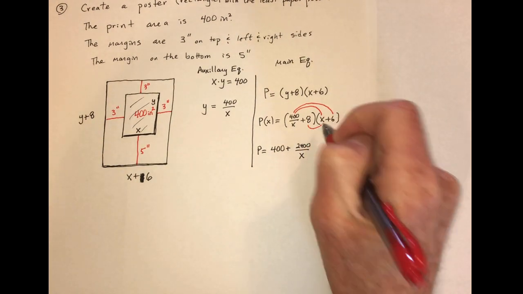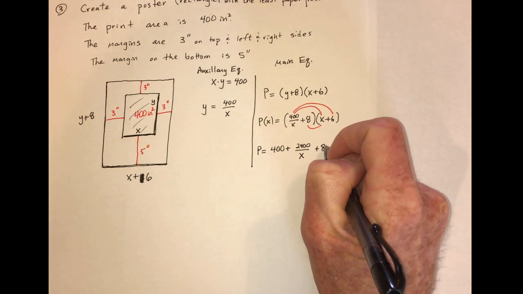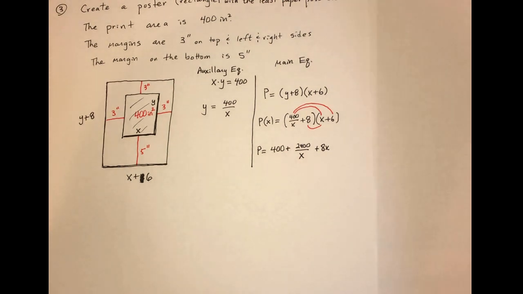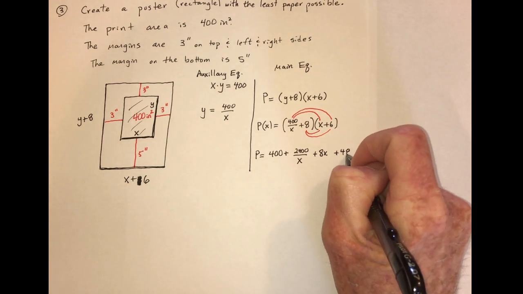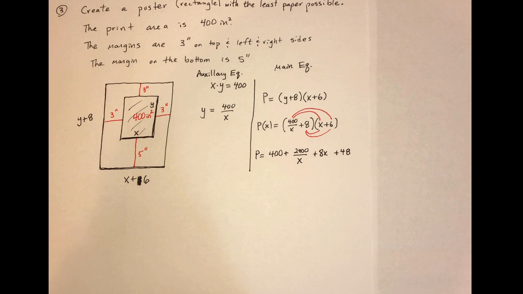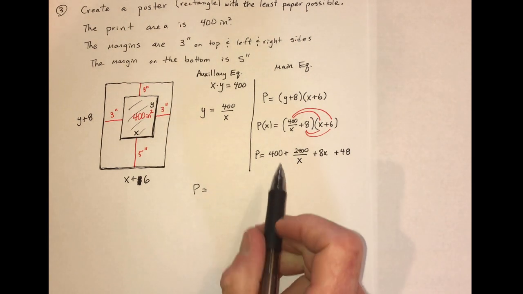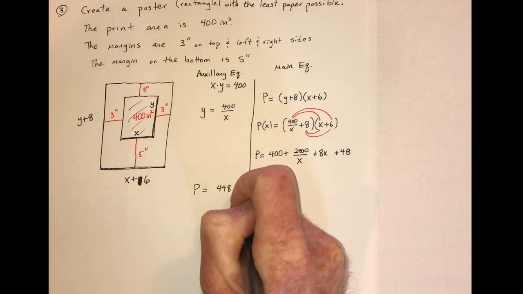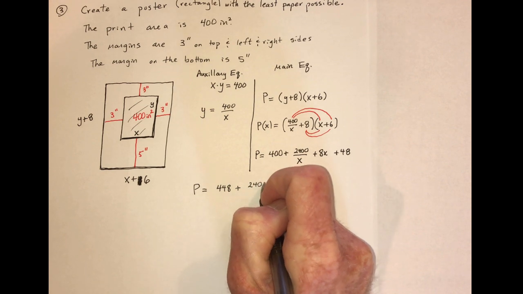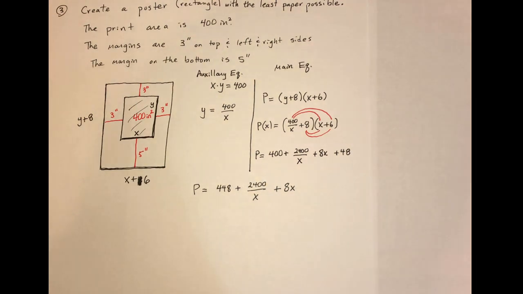Then distribute the 8, so there's going to be plus 8x. And then finally, 8 times 6 is 48. I guess we could combine like terms, so P is equal to 448 plus 2400 over x plus 8x.